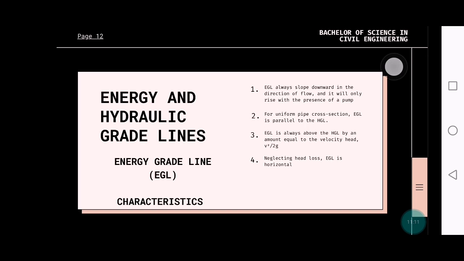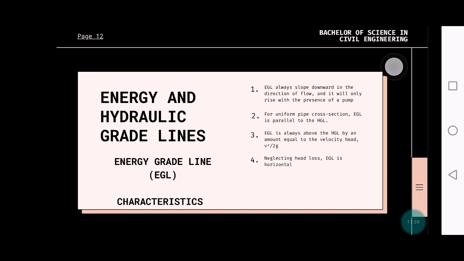First is EGL always slopes downward in the direction of flow, and it will only rise with the presence of a pump. Second, for uniform pipe cross-section, EGL is parallel to the HGL. Third, EGL is always above the HGL by an amount equal to the velocity head, velocity squared all over 2 times gravity.